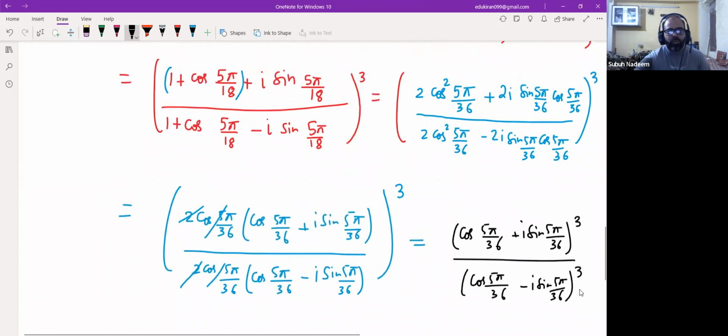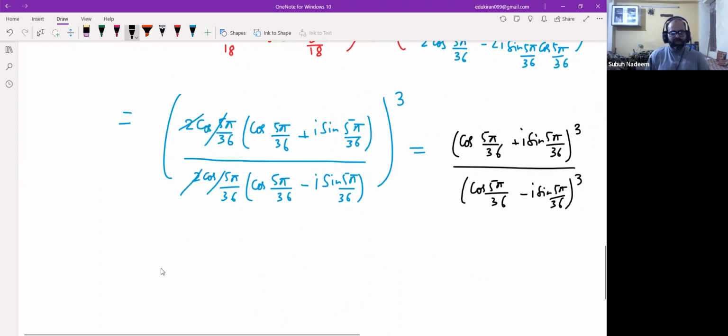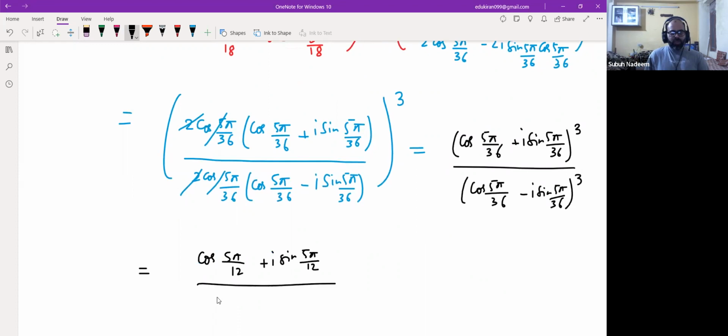Now we can apply De Moivre's theorem in the numerator as well as in the denominator. So this will become cos, you will multiply 3 to the angle, it will become 5 pi by 12 plus I sine 5 pi by 12. And in the denominator, cos 5 pi by 12 minus I sine 5 pi by 12.